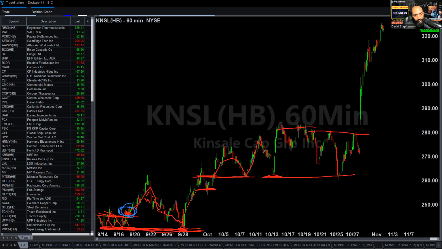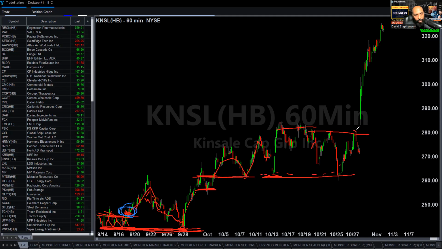Now it could have given us a sell signal in here. But we're just going to say, hey, it never really collapsed, right? Kind of held, consolidated in here for a bit.